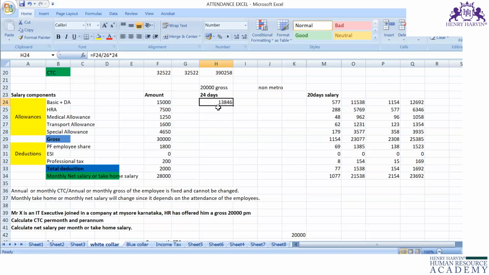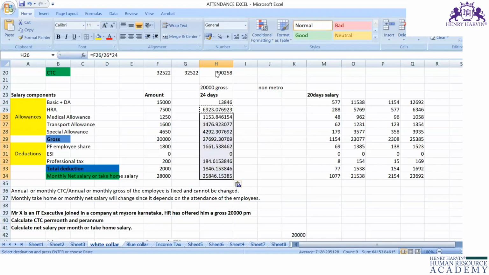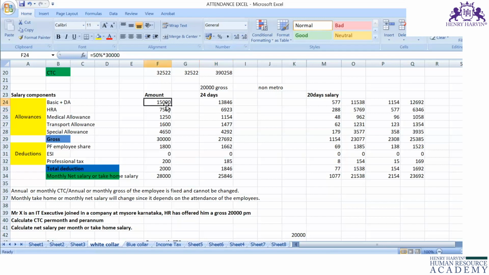Likewise you have to do it for other components. The same thing, like 7,500 divided by 26 into 24. The same formula you apply for every component. For 26 days, the employee salary is 15,000.